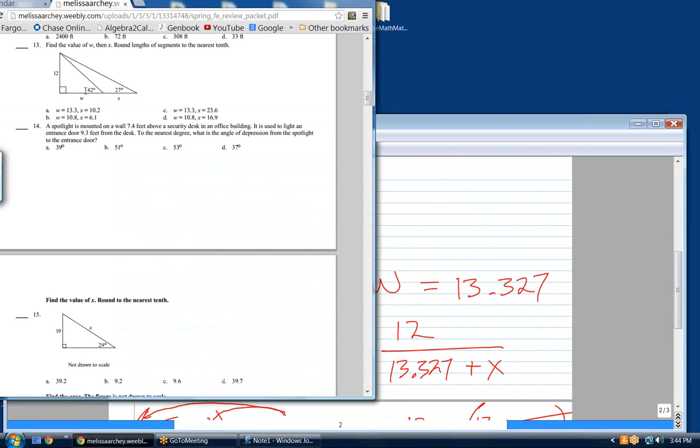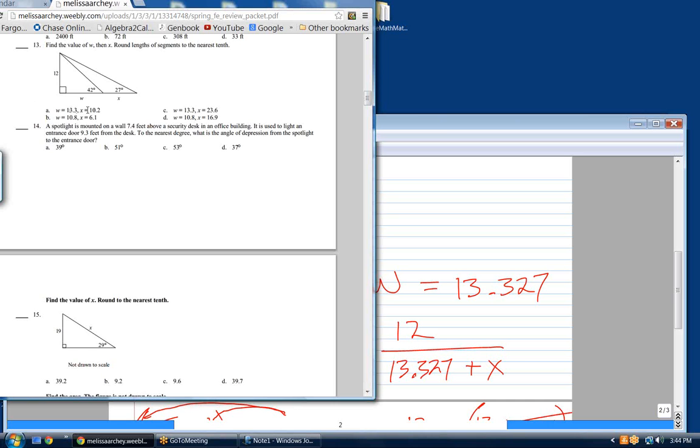Remember, the tangent of 42 had 12 over W? Yeah, I know. I'm trying to see what I did wrong on my calculator here. Maybe you used a W of 10.8 instead of 13.3.